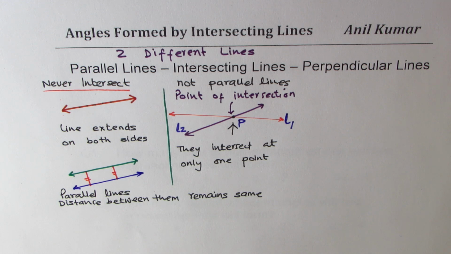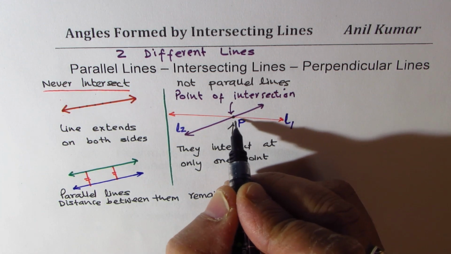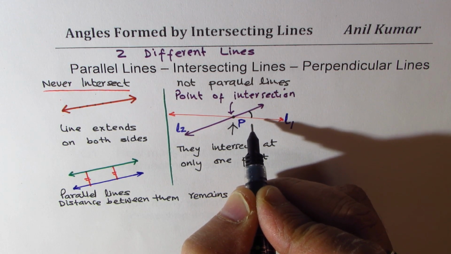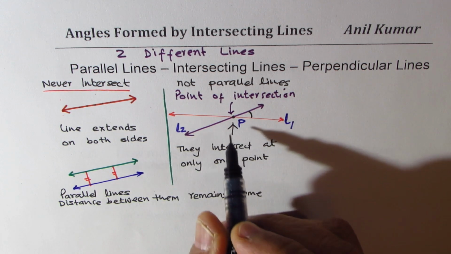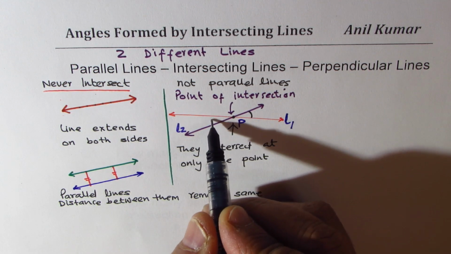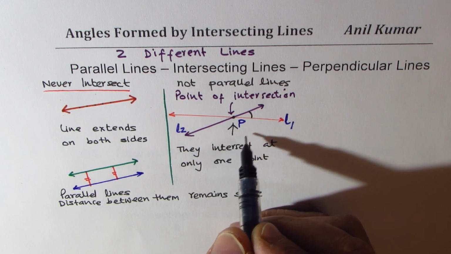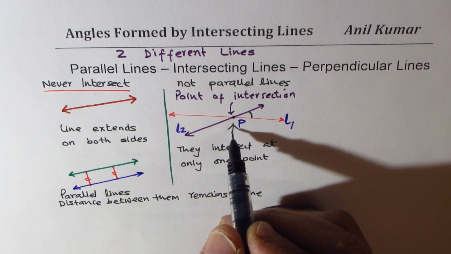Is that clear? Now, whenever the lines intersect, you can see that there is an angle between them. So this is kind of an angle. So intersecting lines will form four different angles. Do you see that part? So we do have a concept of angle now.